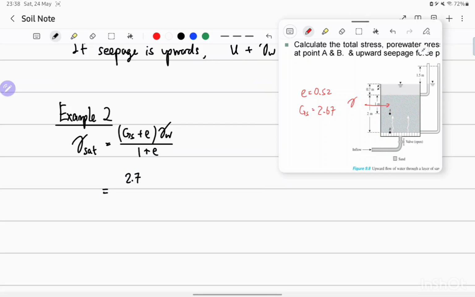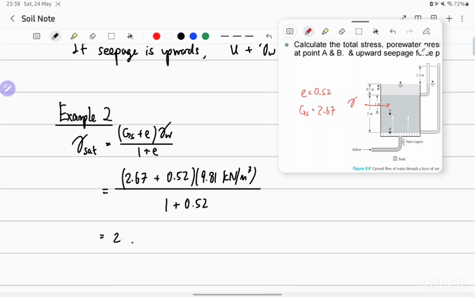So 2.67 plus 0.52, times 9.81, over 1 plus 0.52. This will be our unit weight, 20.588.